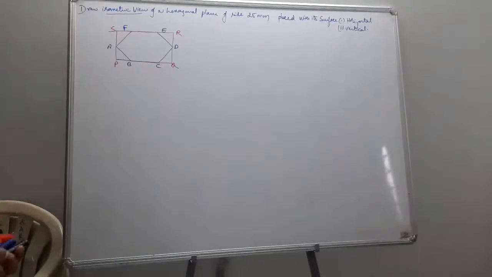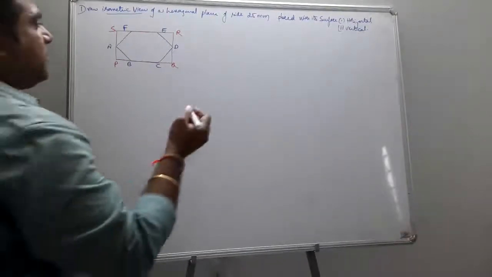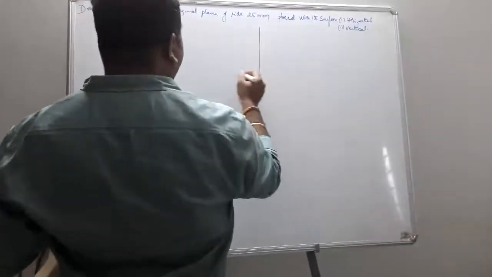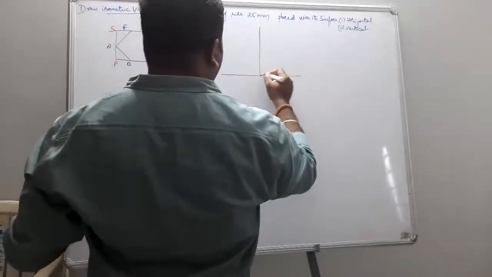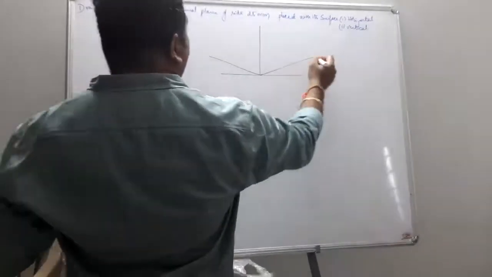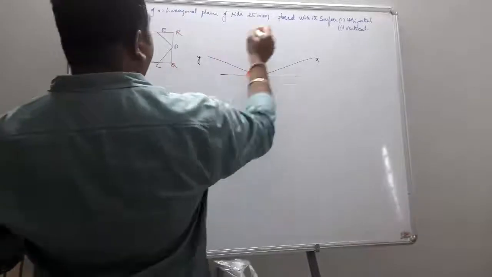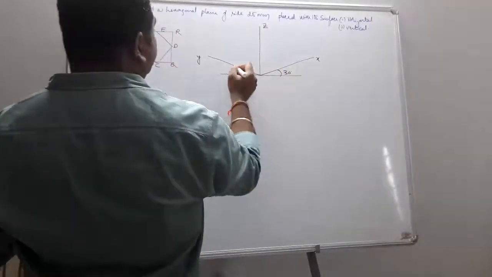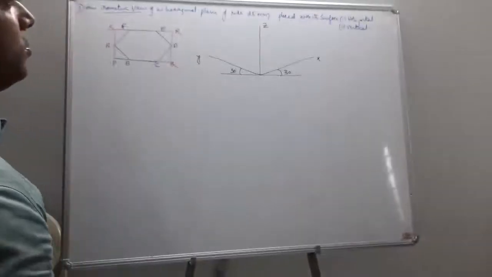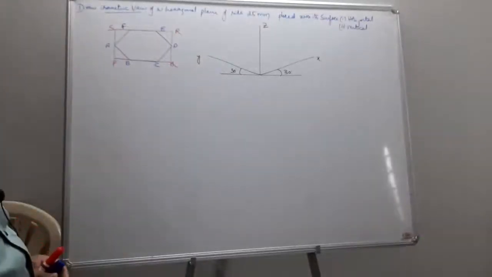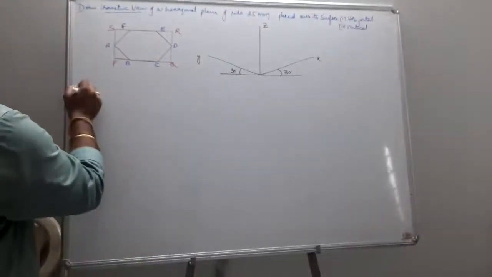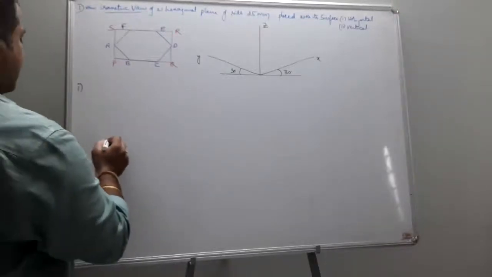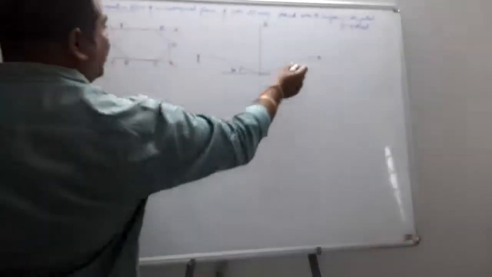Now my first condition is, first of all, you know what the isometric axis is, right? X, Y, Z, which is 30 degrees, 30 degrees. Okay. So which axes did we consider for horizontal? First one, horizontal, which isometric axes are considered? Only X and Y. Okay.